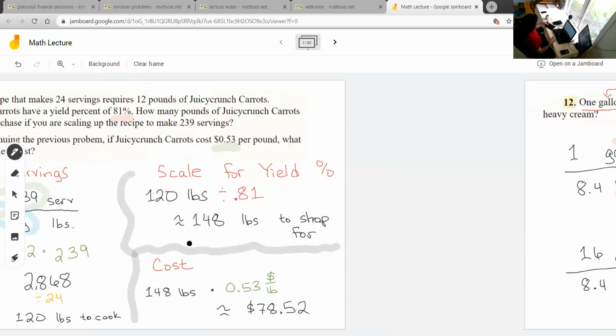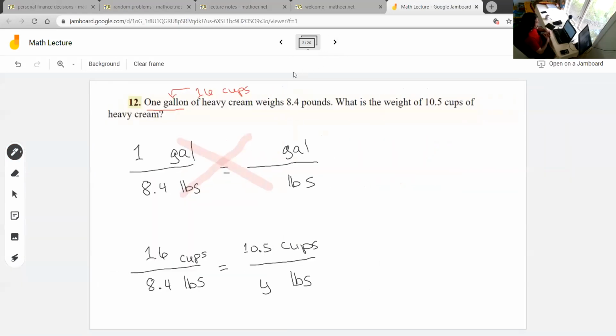I didn't use the shortcut last time. Let's use it this time. Again, if you're not going on to other math classes, then this is a perfectly fine shortcut. So I'm going to take the two that are opposite each other and multiply those, and then take the one that's by itself and divide.